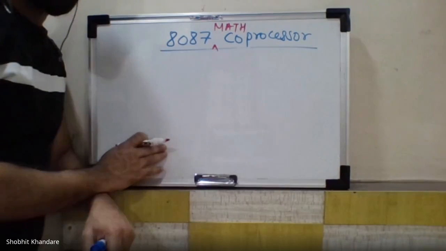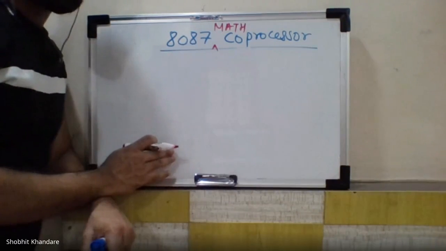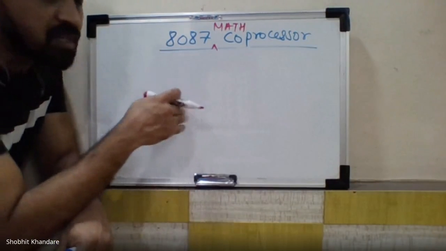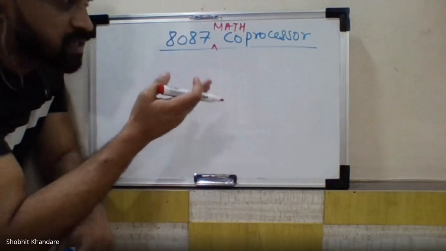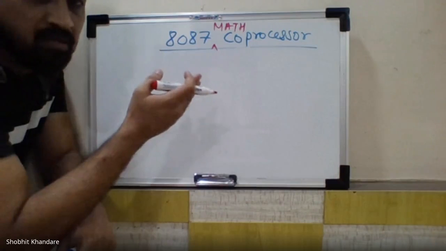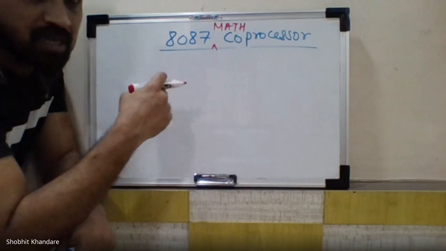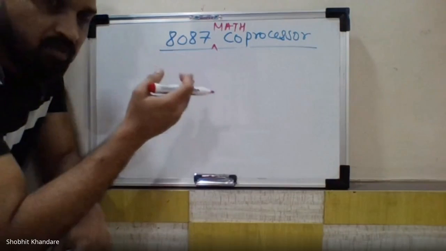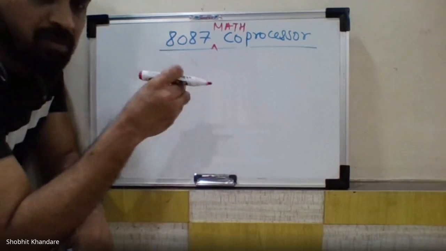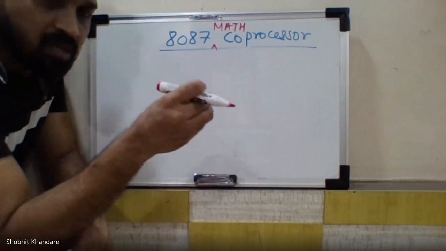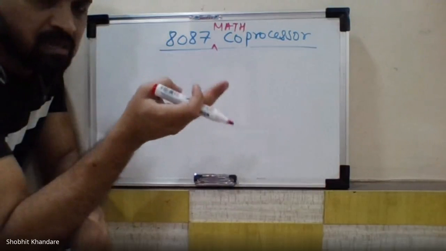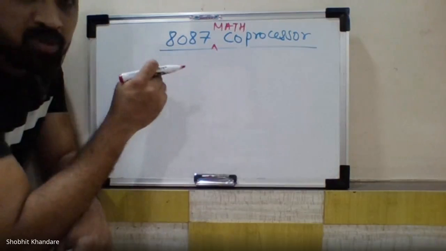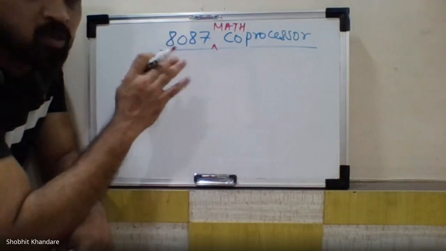When you understand the data types, you will be able to understand which numeric values it can handle. Whatever operations are related to numerical operations, that is arithmetic operations, can be taken care of by the coprocessor.